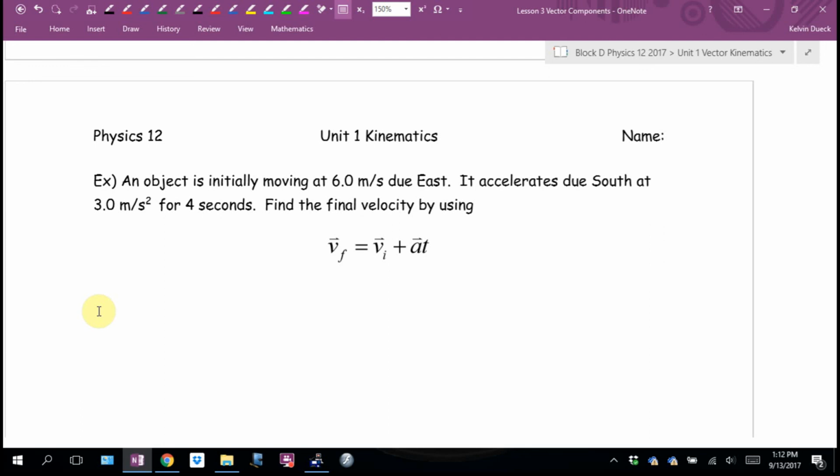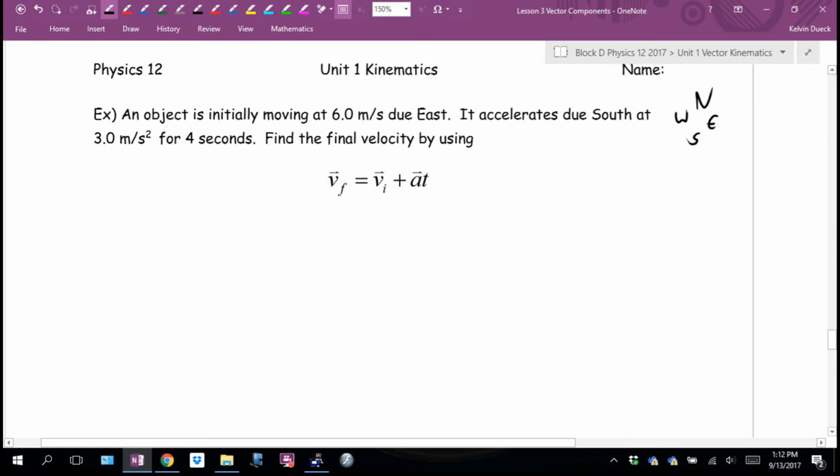Okay. But now we got different directions. Do you see east? Do you see south? I'm going to throw compass rose on here just because. So apparently, VF is going to be VI. Nate, what's VI? Magnitude and direction. Plus AT. Nate, what's T?